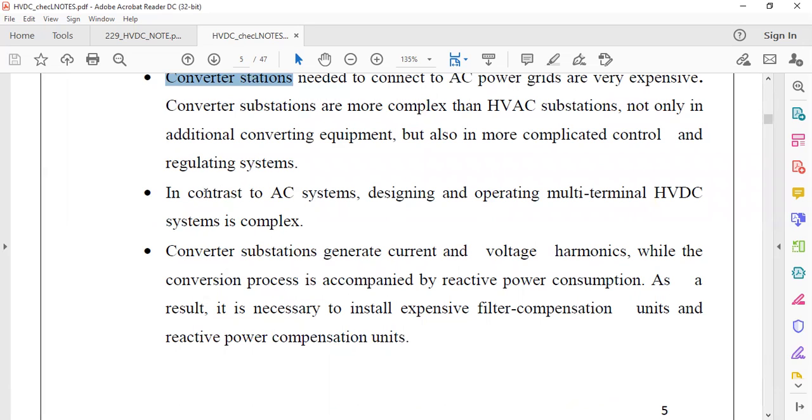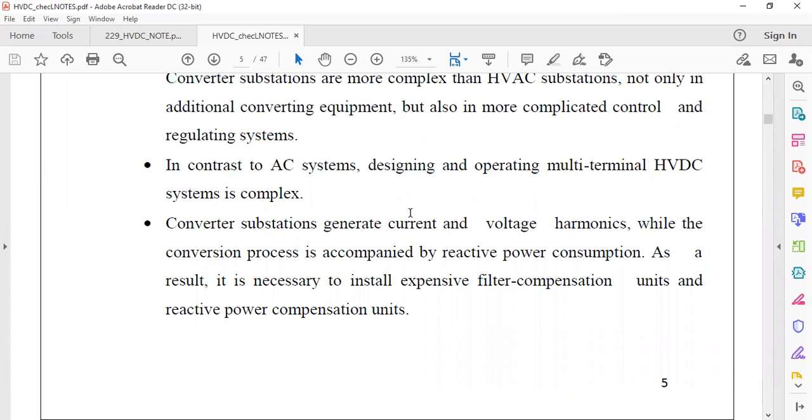Next, in contrast to AC systems, designing and operating multi-terminal HVDC systems is complex, okay? Next, converter substations generate current and voltage harmonics, right?